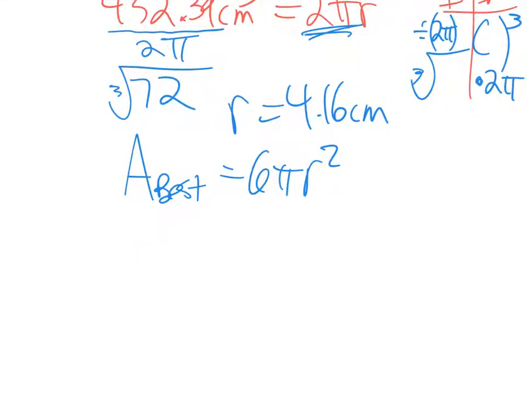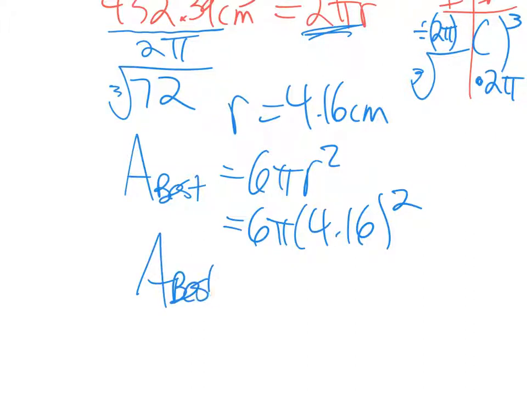So the area of that cylinder is 6 circles. Really interesting. So 6 times pi times 4.16 squared. And the area of the best one is going to work out to 326.23 centimeters squared.